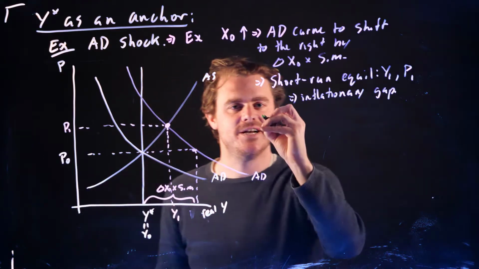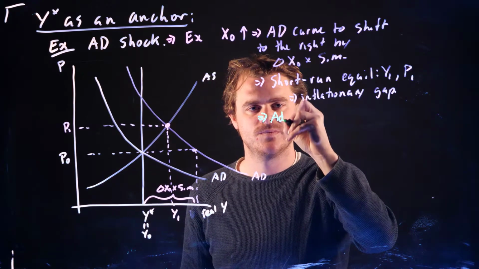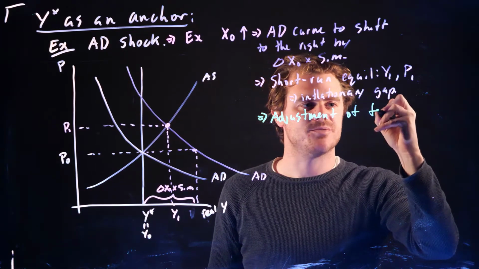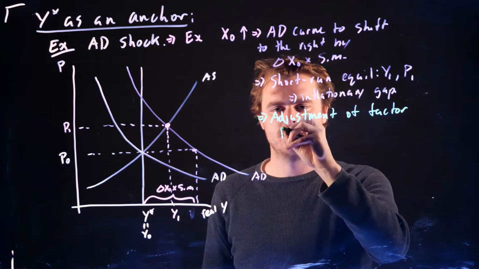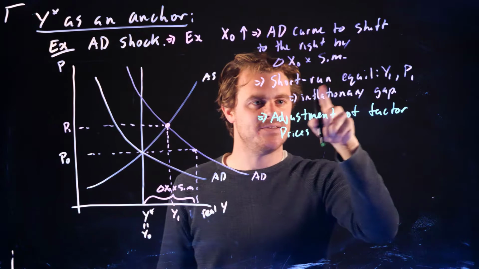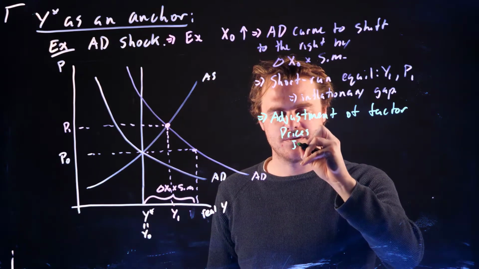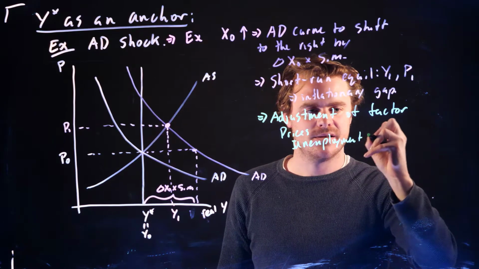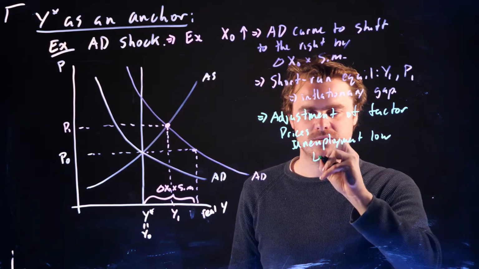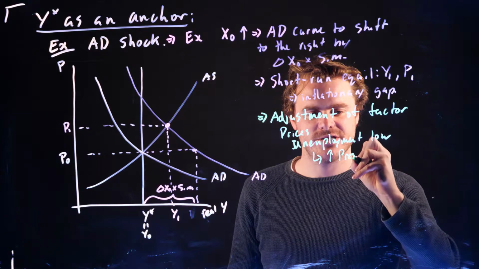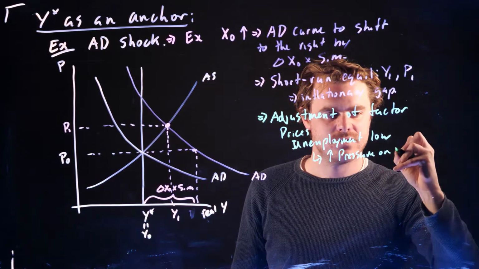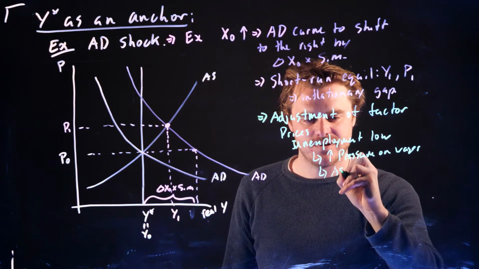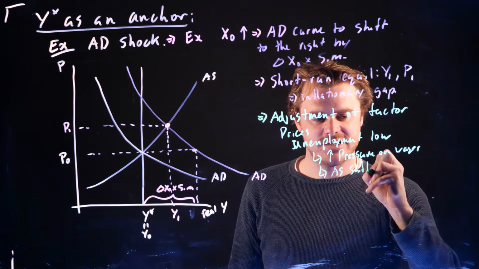So then we're going to have this adjustment period. It's going to be adjustment of factor prices. So we have this inflationary gap. Maybe I'll just say unemployment is low, upward pressure on wages, which means this AS curve starts shifting to the left.